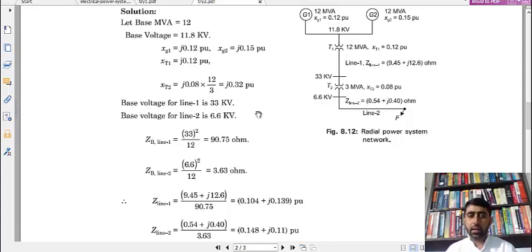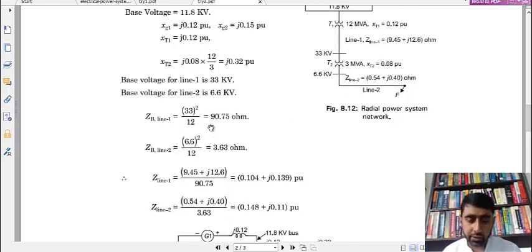Base voltage for line 1, that is this line from here to here, is 33 kV, which we discussed just a few seconds ago. Base voltage on line 2 will definitely be 6.6 kV. So what will be the value of Z line per unit? That is Z multiplied by SB divided by VB square. First we calculate the base values: ZB line 1 is equal to 33 squared by 12, which comes out to 90.75.